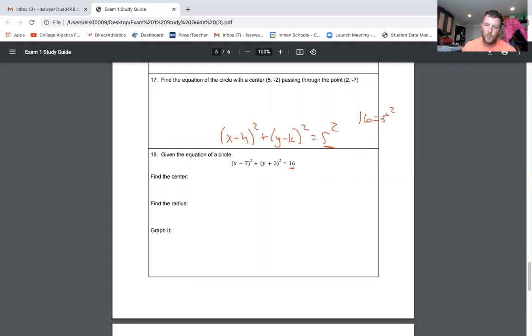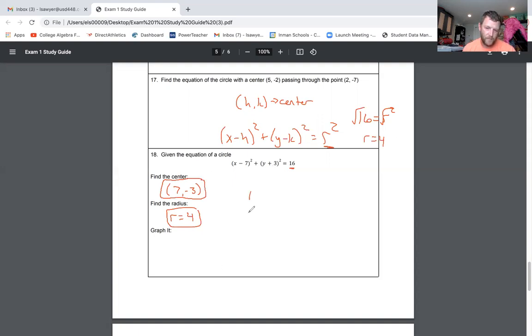I don't want to know what r squared is. I want to know what r is. So I just square root it. r is equal to 4. That's my radius. Then I know h, k is my center. So 7 is that one. Notice it's a plus, so it has to be -3. That's my center.